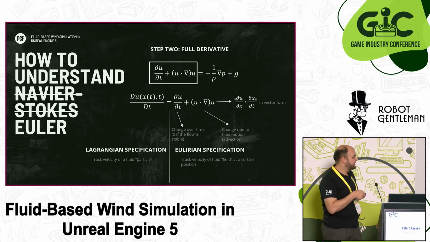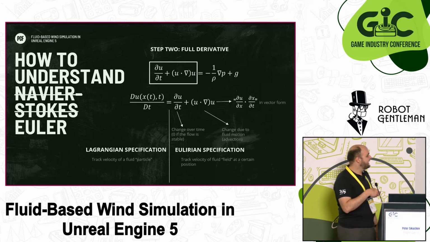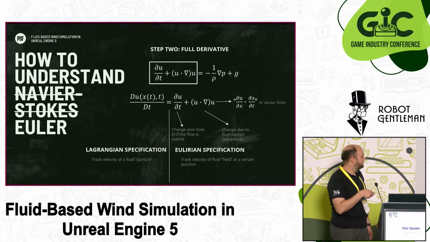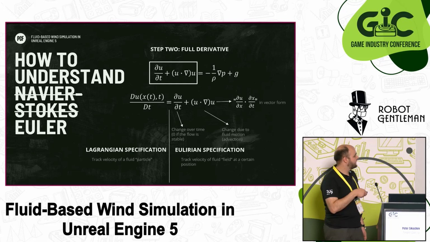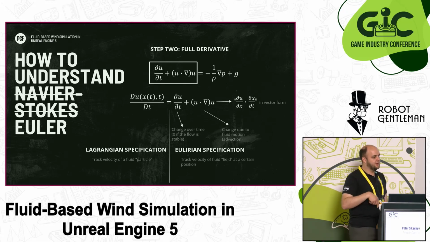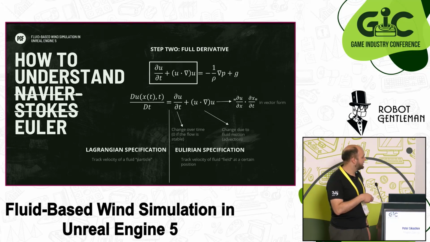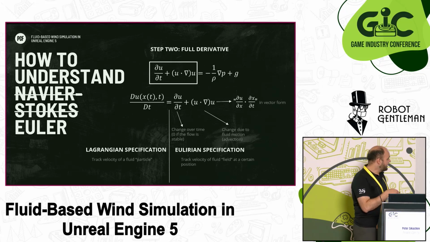And essentially this term, if you remember the full derivative equation, is basically du over dx times dx over dt, but written in vector form. So this is the dot product with a nabla operator, which is the per-coordinate differential operator, multiplied by u.